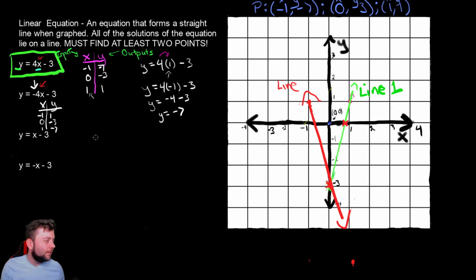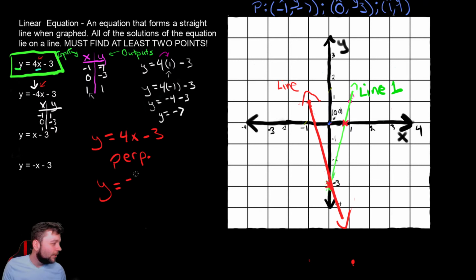So if we have y equals 4x minus 3, a perpendicular line would have y equals, and then instead of a positive 4x, we'd have a negative 1/4 x minus 3. And so that would give us our perpendicular line.